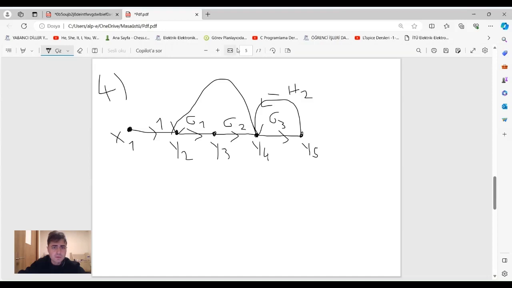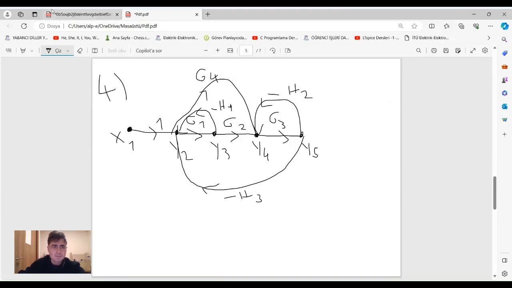No, wait. G4, this is. And then G1 to this, I can write this minus H4, no, minus H1, sorry about that. And then this is the last one, minus H3.